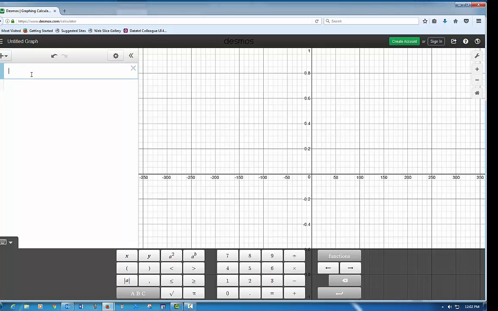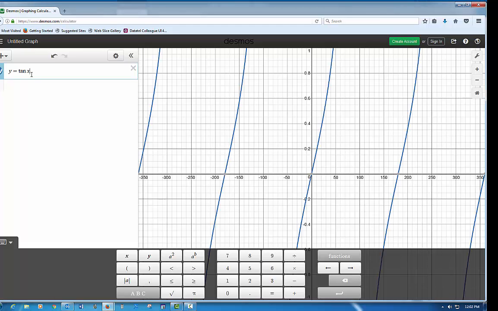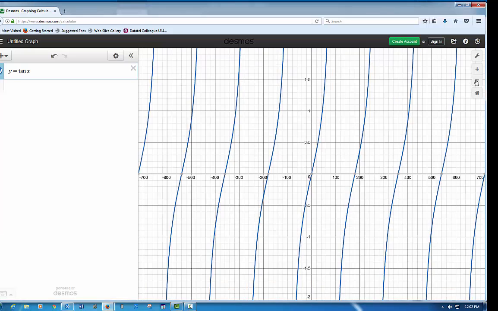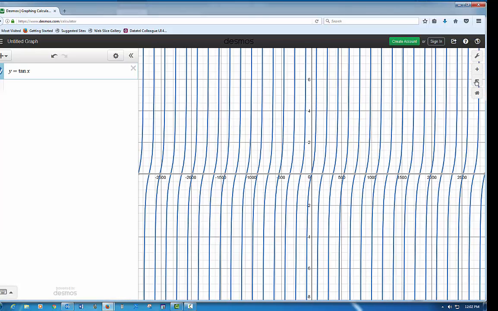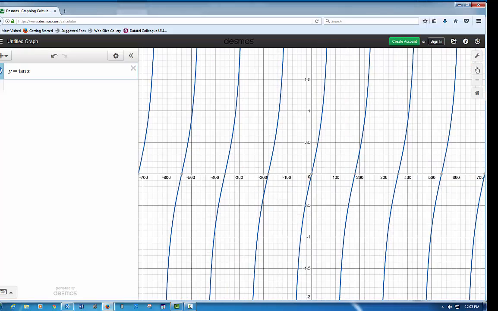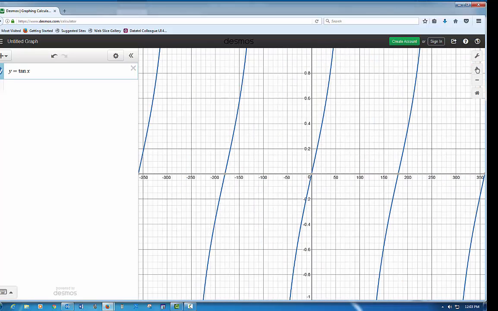Now, if I go over here and I graph it, so y equals tangent x, notice that there are big spaces, and let's zoom out a little bit so you can see. If I just keep zooming out, you can see that there are spaces between my curves here. I'm going to zoom back out so that it's not so much that we're having to look at.